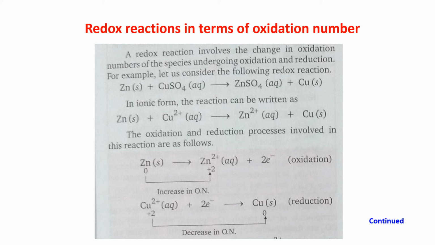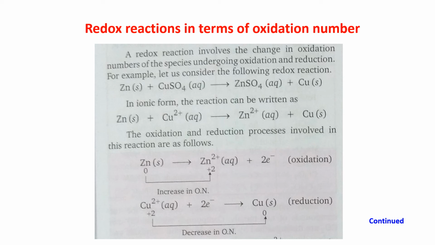That already I told you. Increase in oxidation number is oxidation and decrease in oxidation number is reduction.